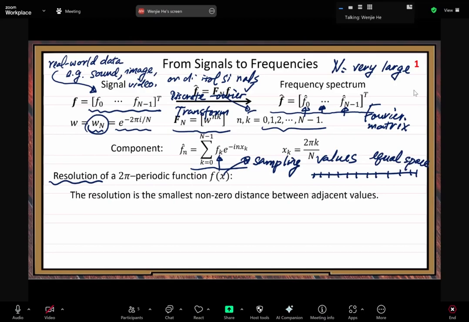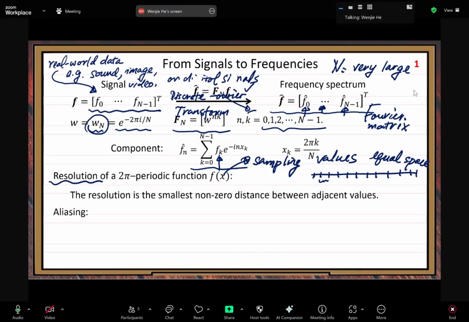So then, what's the resolution? The smallest distance, because the distance between two adjacent samples is the same everywhere. So that's our resolution definition.